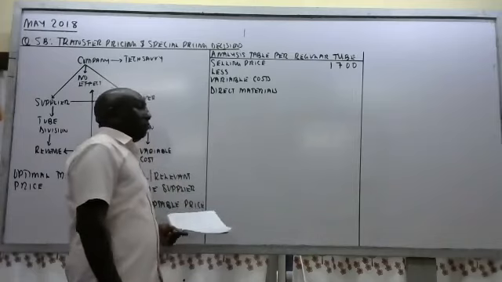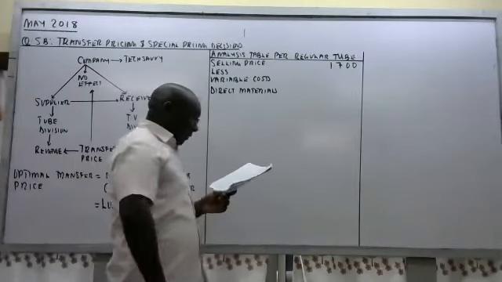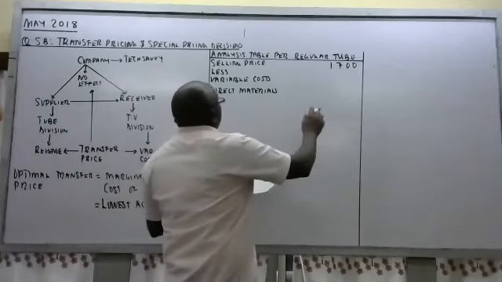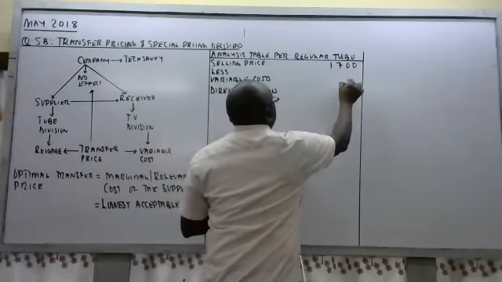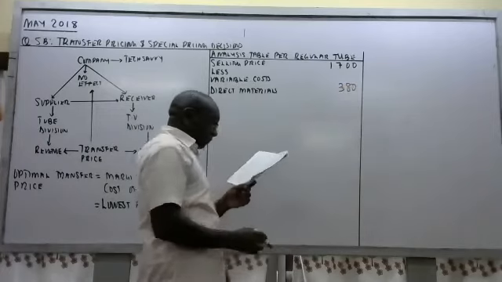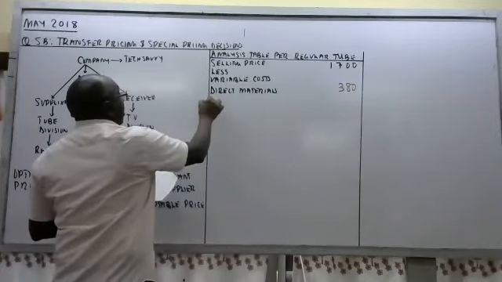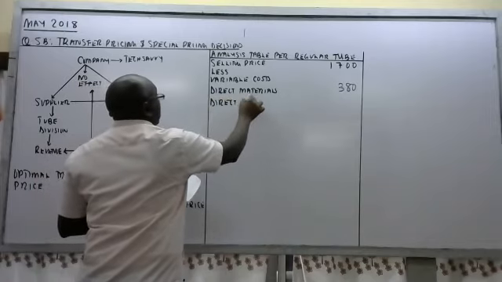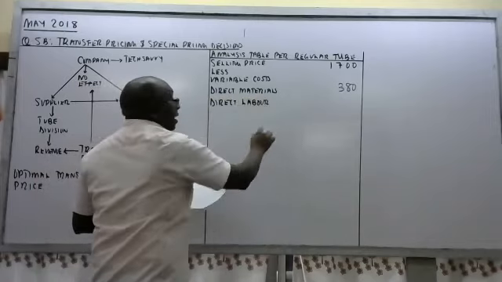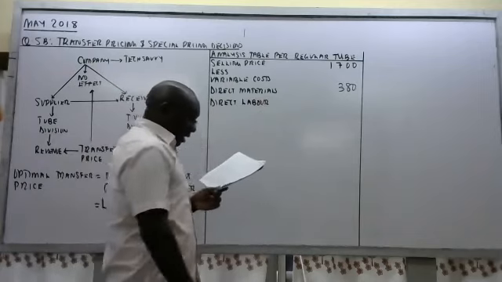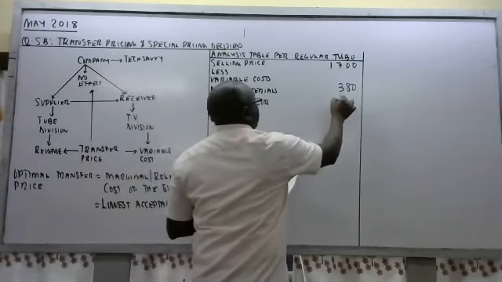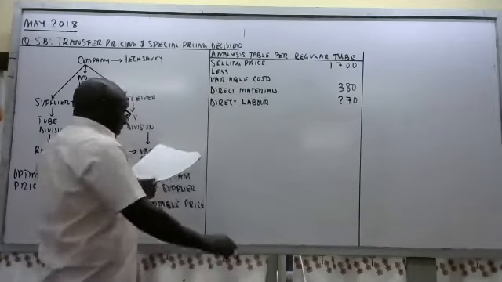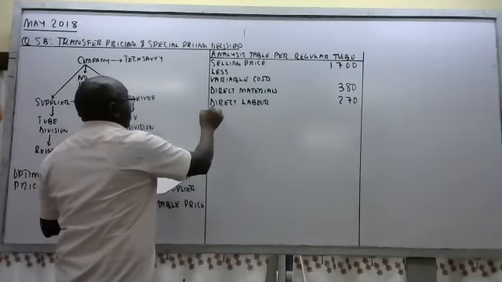There are times they can be fixed. But for the purposes of this topic, they are variable. So we bring 3/8 there. Then we bring direct labor. Direct labor is 270. Then from there we bring overheads.